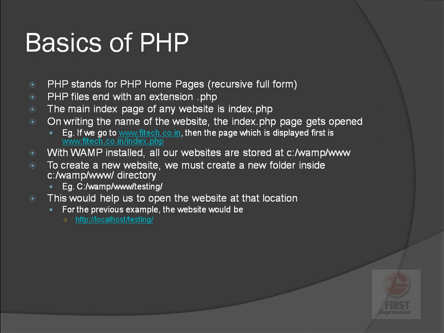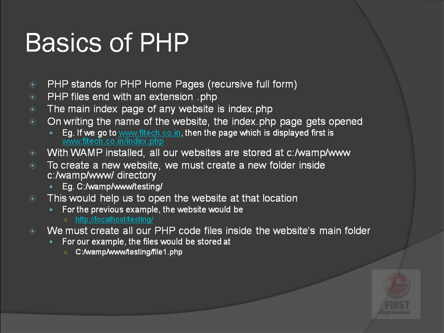And to open the website, we have to go to http://localhost/testing. So this path http://localhost points to the C drive/WAMP/www folder. If inside this folder you have created a testing folder, then you have to access it by saying http://localhost/testing.